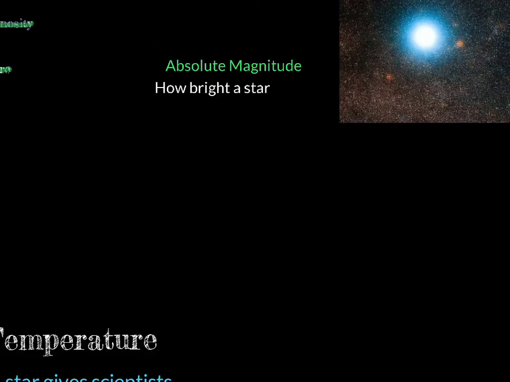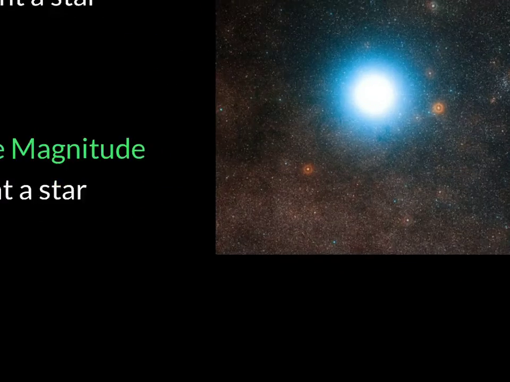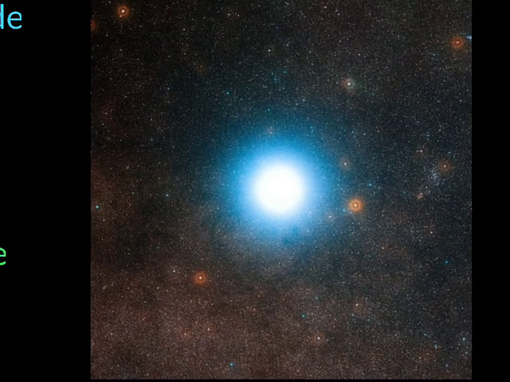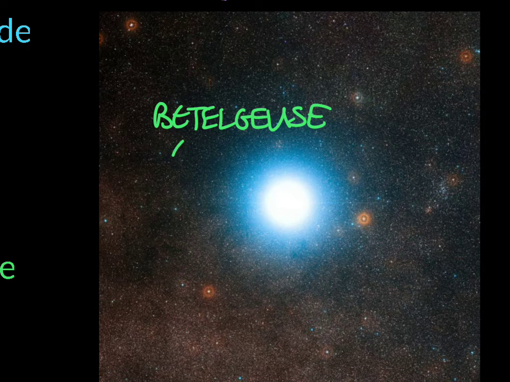And the final way that we can talk about stars is we can talk about luminosity. Now, if we look at this little visual here, we have the star which is known as Betelgeuse, is the one that's shining bright. And Betelgeuse is a very, very luminous star.